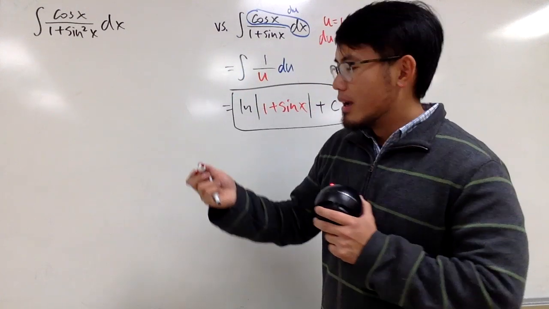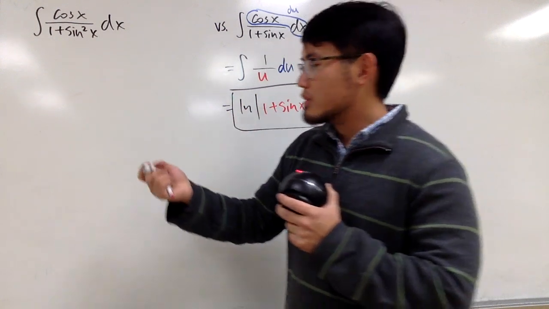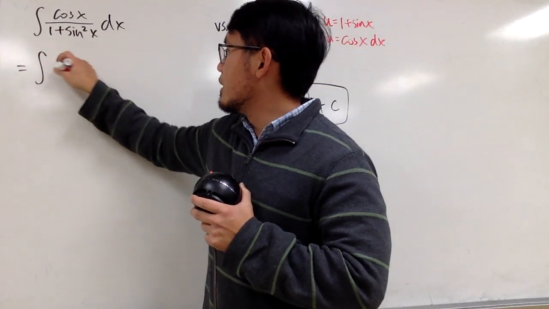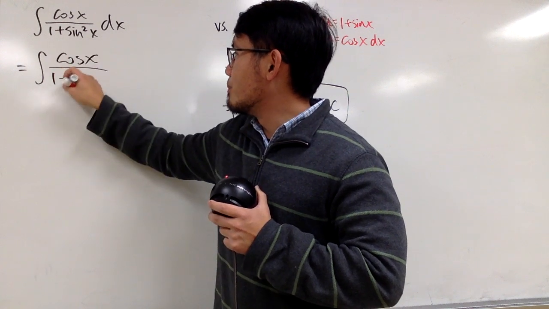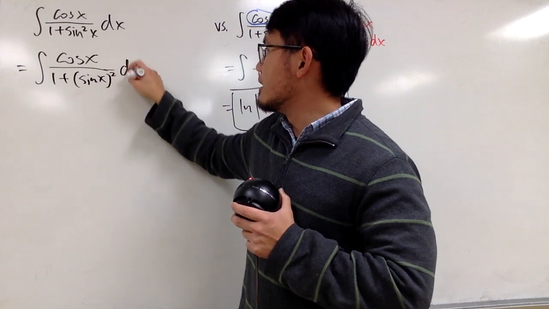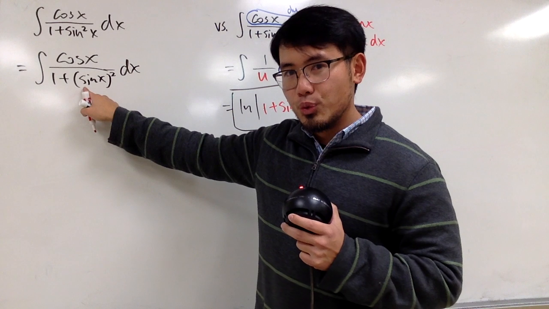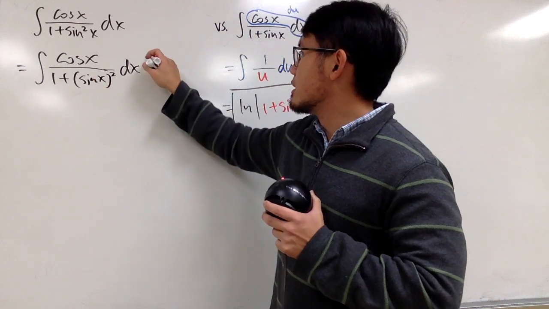So here's the deal. Don't forget this right here means sine x in the parentheses and then squared. So I will just write this down real quick for you guys: cosine x over 1 plus parentheses sine x squared, and then dx. With that being said, let me take u to be sine x.